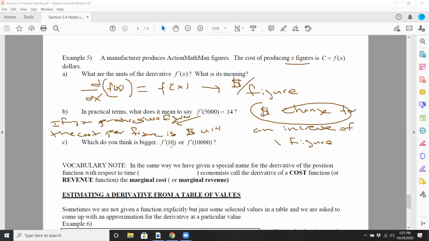And what do you think is bigger, f'(10) or f'(10,000)? It's hard to tell, but typically the more you manufacture, the cost per item goes down.